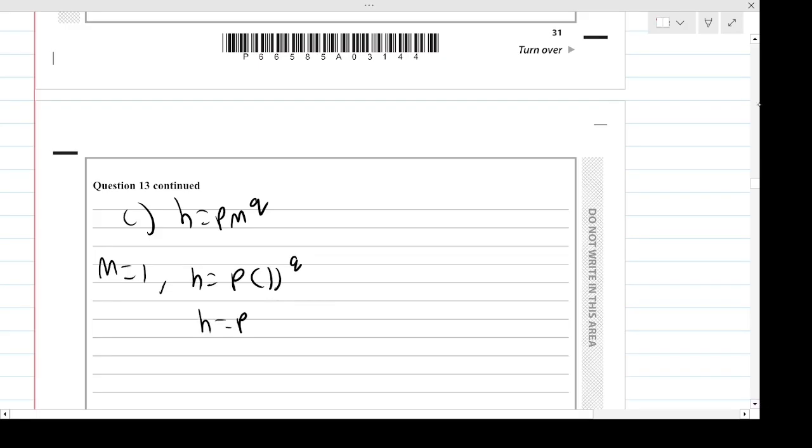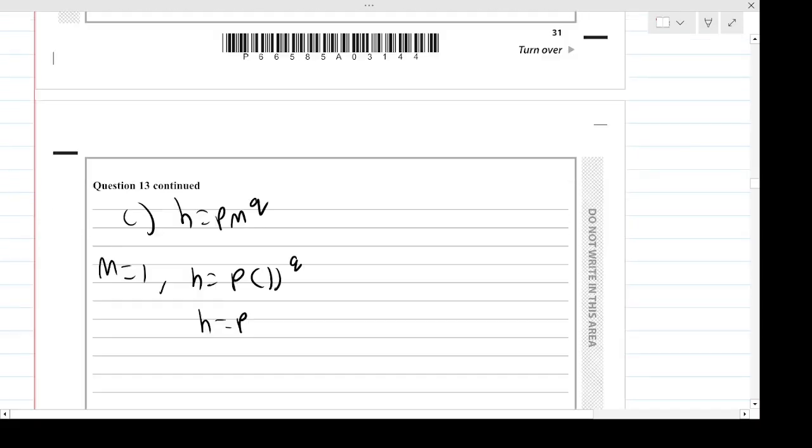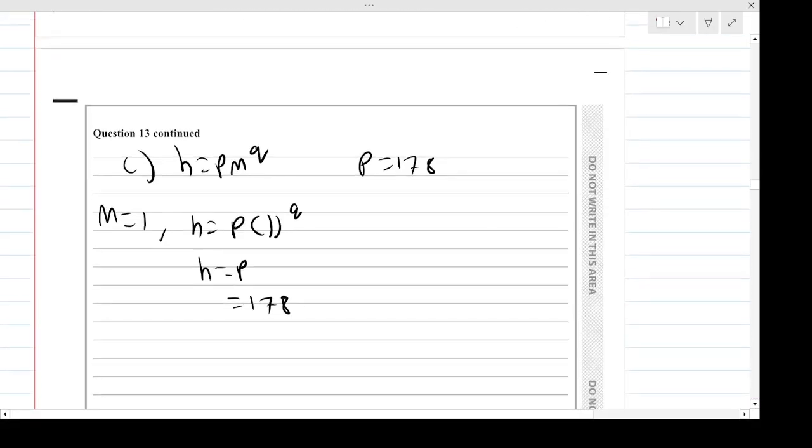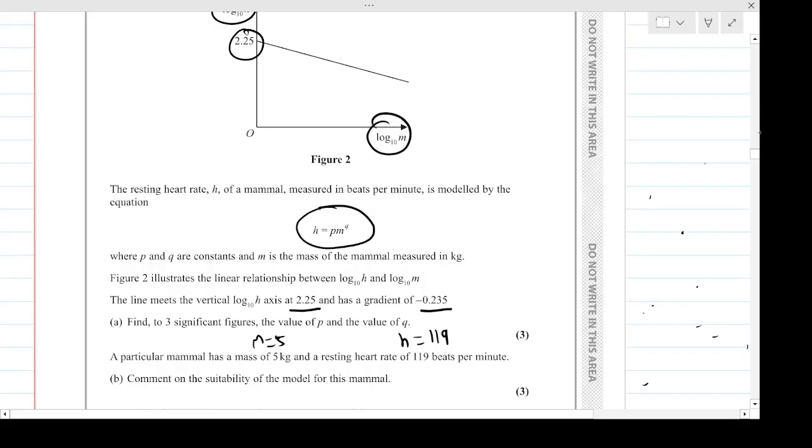But obviously we know what P is. P is again 178. So H is 178. That tells me when the mass is 1, specifically the mass of a mammal.